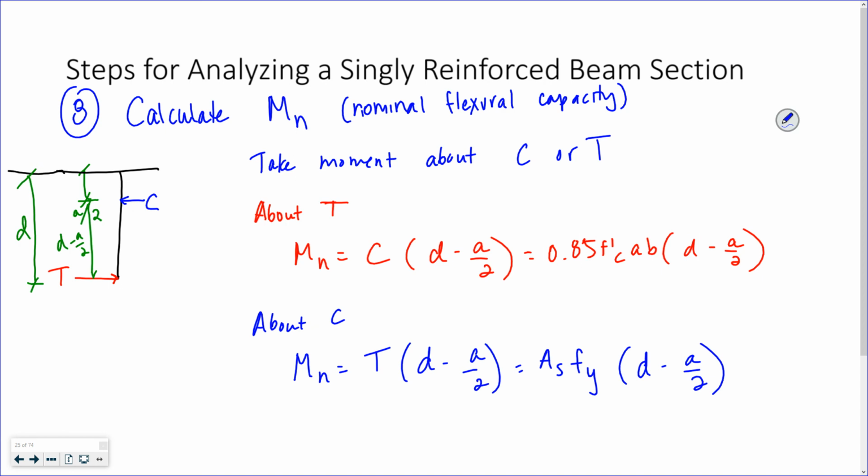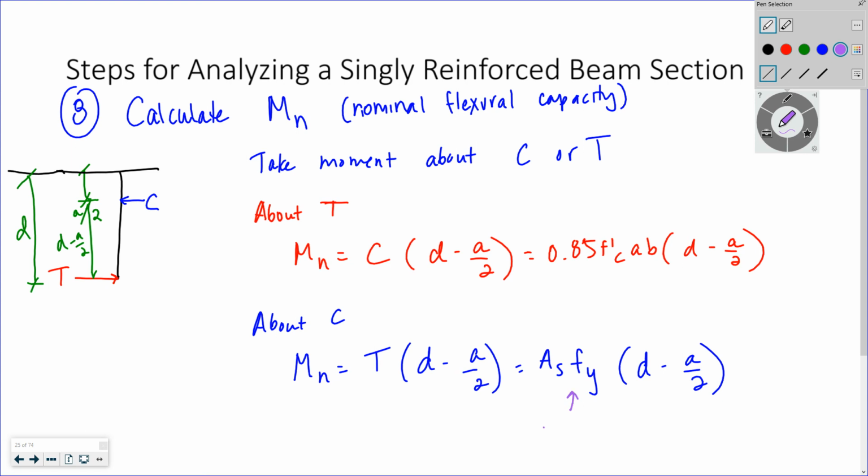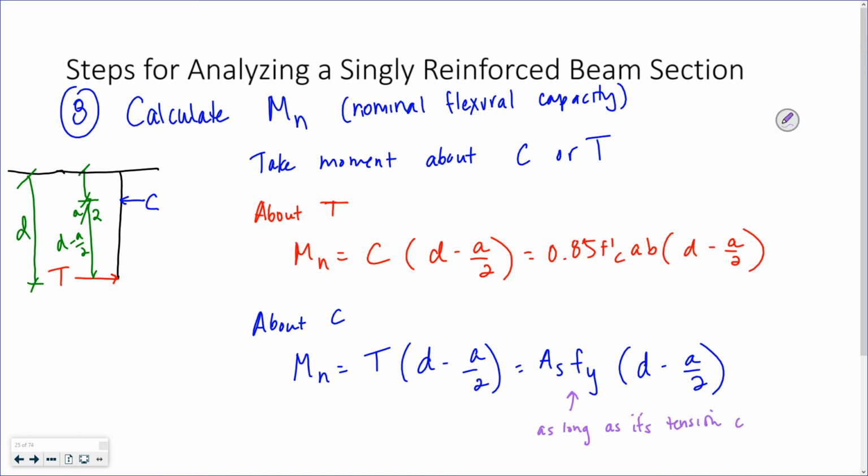Obviously the bottom one has fewer variables in it, fewer chances to mess up. Although you do need to make sure that you're under reinforced and you've reached that yield stress.